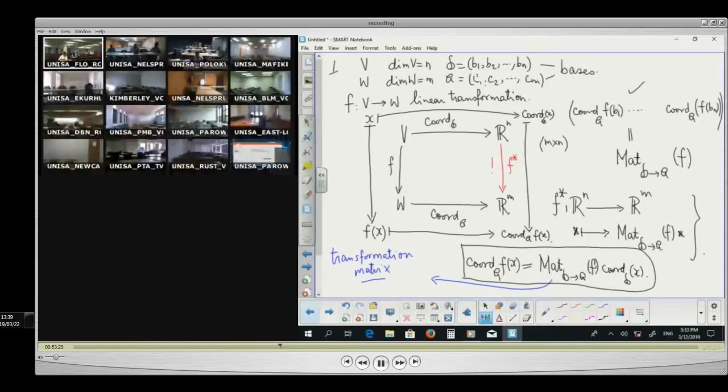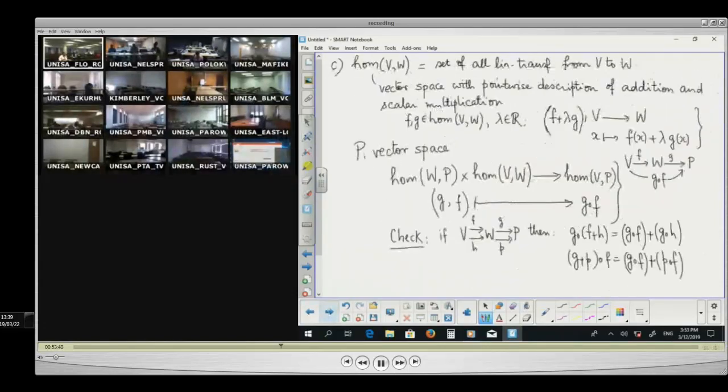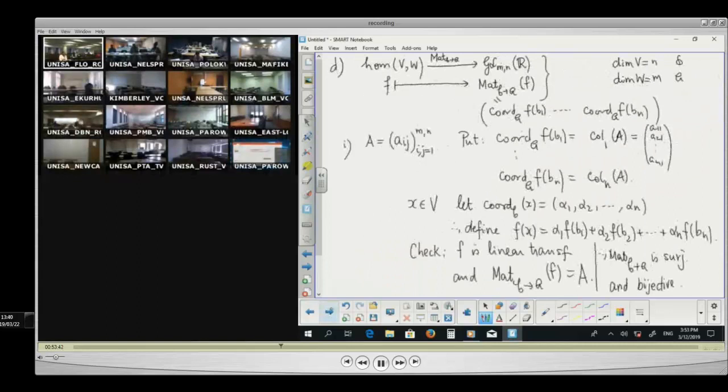Yeah? So that's what we are going to use, again and again and again. So that's what we are going to use here. So this is the new coordinates.